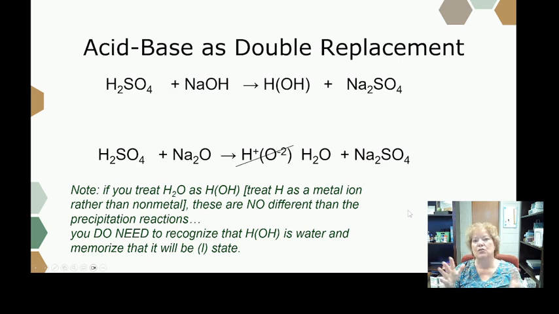Okay, so let's look at an example. If I had H2SO4 and NaOH, H2SO4 is an acid. I know it's an acid because it starts with H. Also, I should know it's one of the strong acids. Sodium hydroxide, I see it's got a hydroxide as an anion. It's a base. I'm going to treat the acid as if the H+ was already an ion, as if it's an ionic compound.